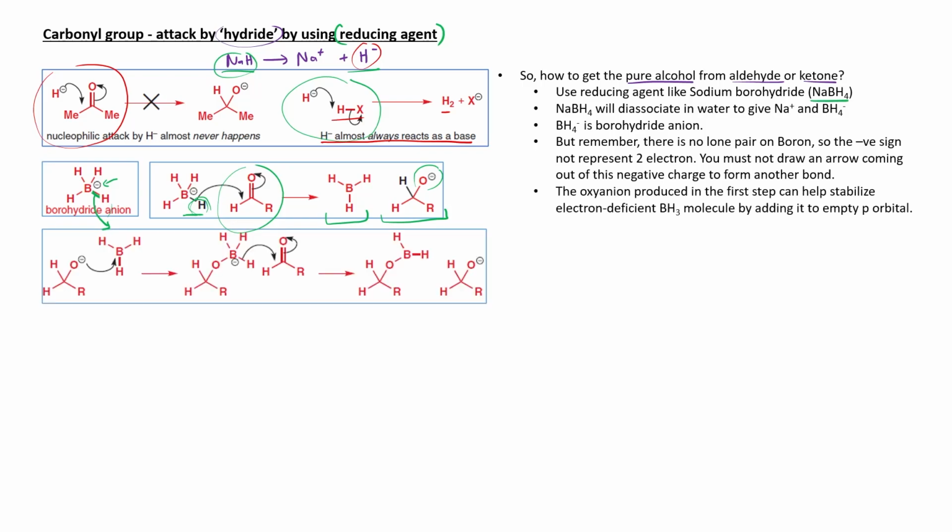We can say the BH3, the leftover from this reducing agent. Okay, let's look at this. What is BH3? BH3 we learned before. For BH3, you can see this boron adopts sp2 hybridization, meaning that it is planar.